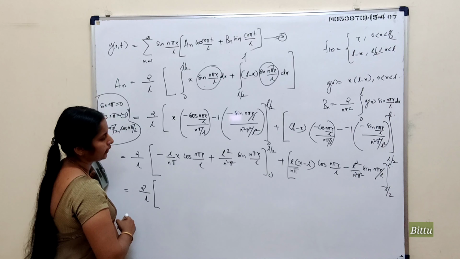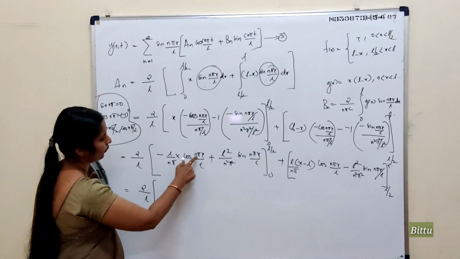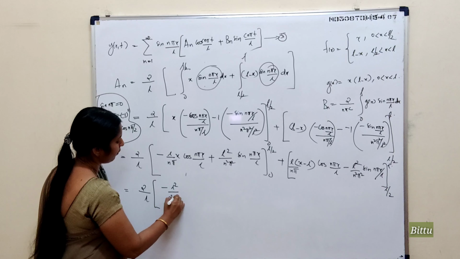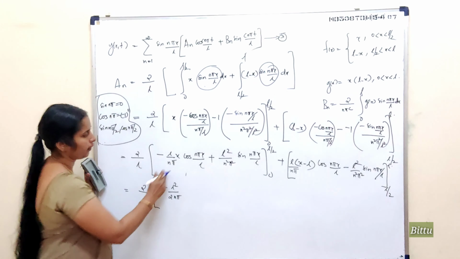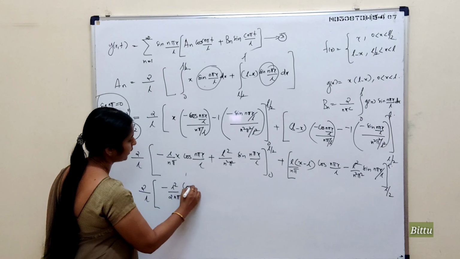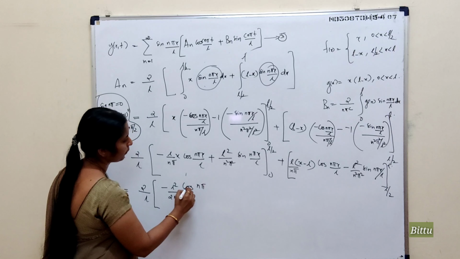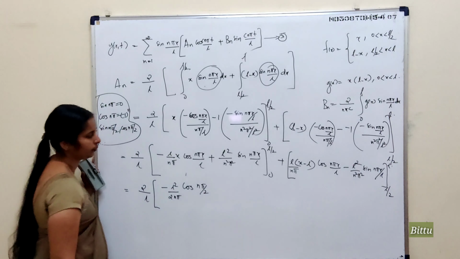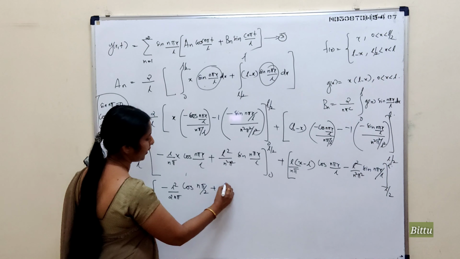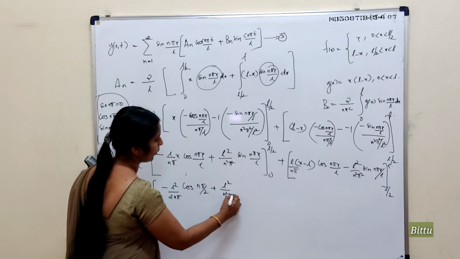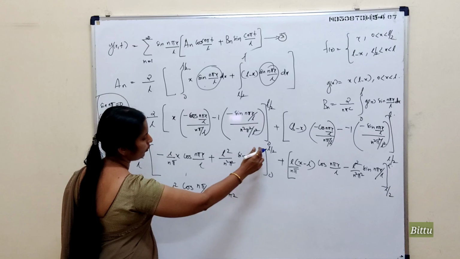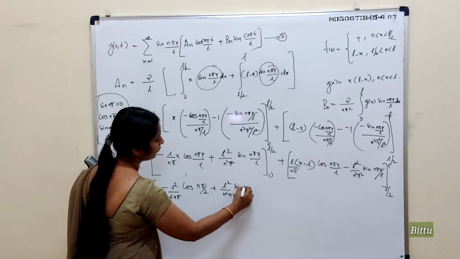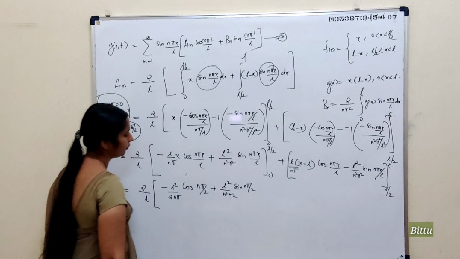When x is L by 2, it is L square by 2 n pi cos n pi by 2, plus L square by n square pi square sin n pi by 2, where the L's will cancel each other.